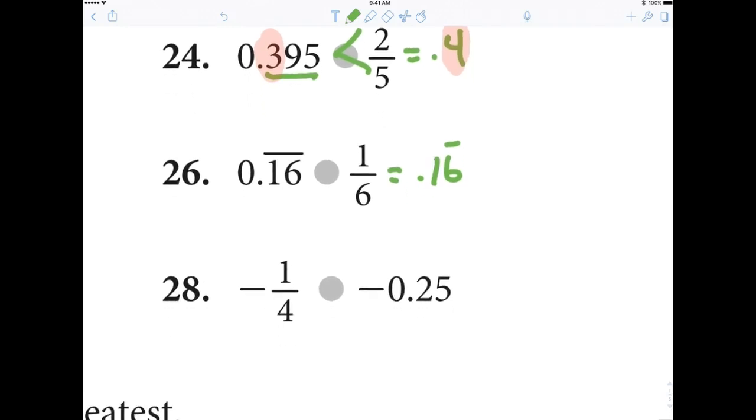So this would be 0.1616. Everybody agree with that? Yes, sir. This would be 0.1666. Does everybody see that? So the first two are the same, but the third one is different. So 0.16 repeated is less than 1/6.